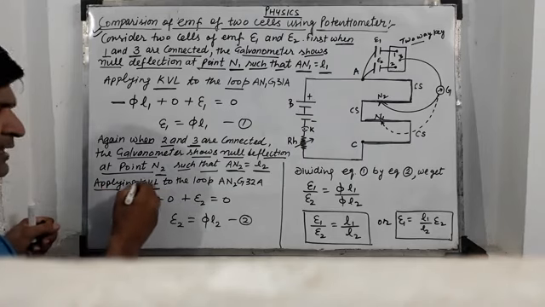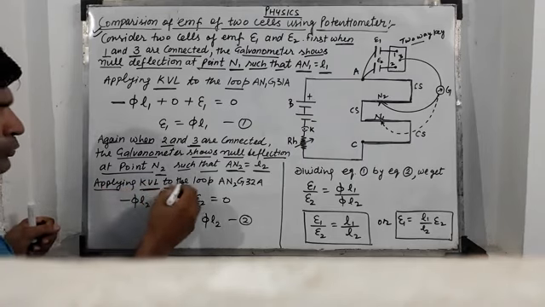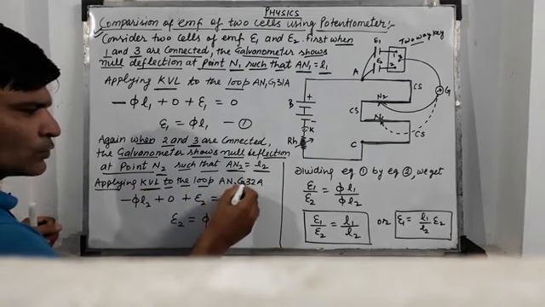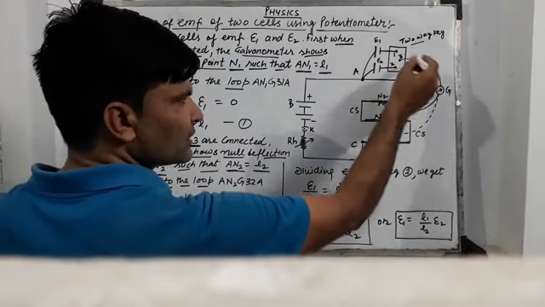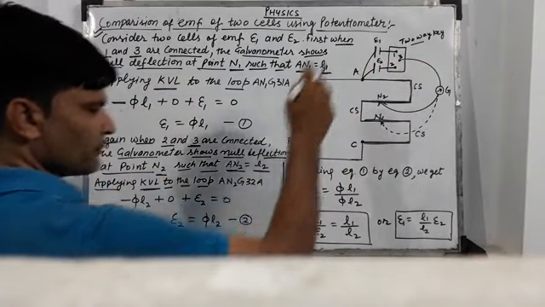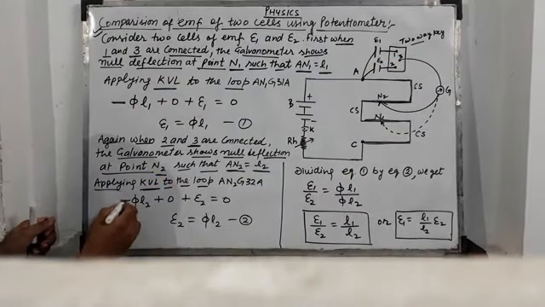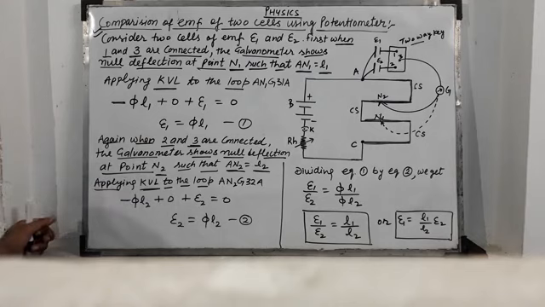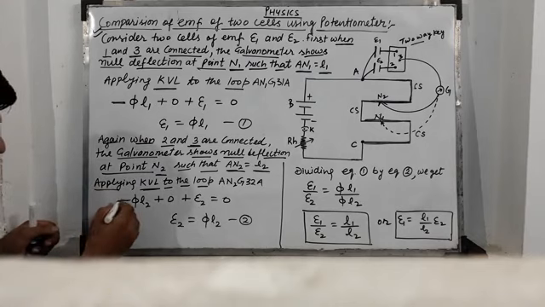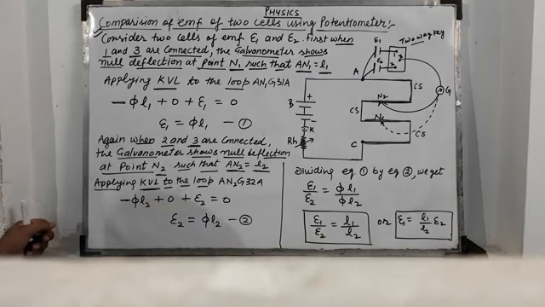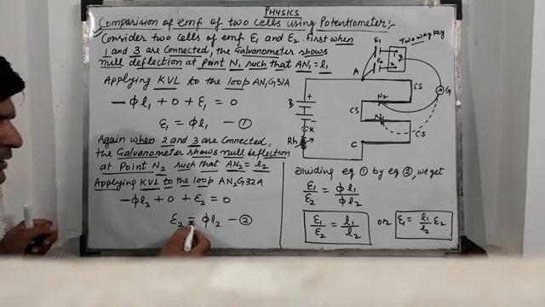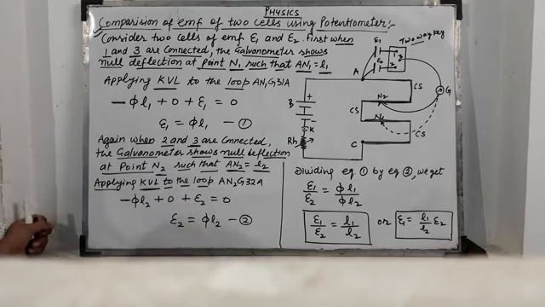Applying KVL to the loop A-N2-G-3-2-A, as in equation 1, we have minus phi L2 plus 0 plus E2 is equal to 0, and we get the second equation: E2 is equal to phi L2.